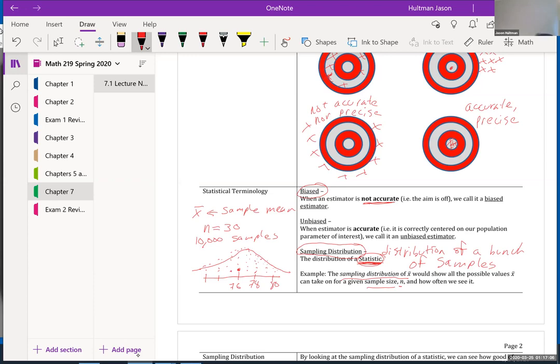If we have enough samples and our sample size is large enough, then it is approximately normal. We call that the distribution of X bar for this given scenario.